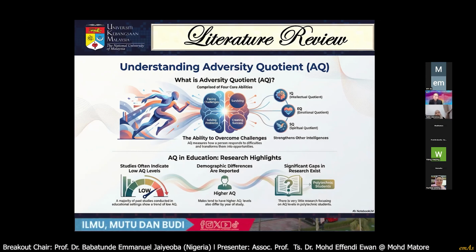We focus on IQ, EQ, and SQ. But in this research, we believe that AQ has an effect on IQ, EQ, and SQ, so the implication is that this is the time for Malaysia to insert AQ into our national philosophical educational setting. Okay, thank you.